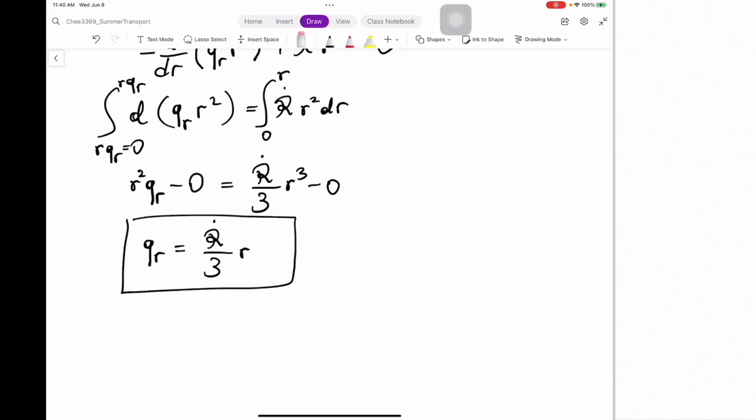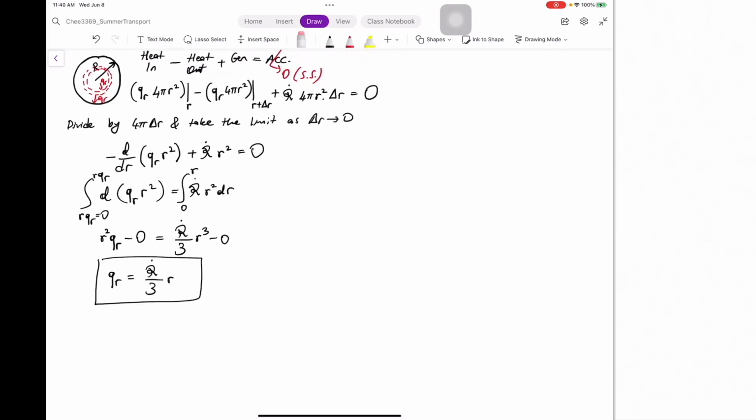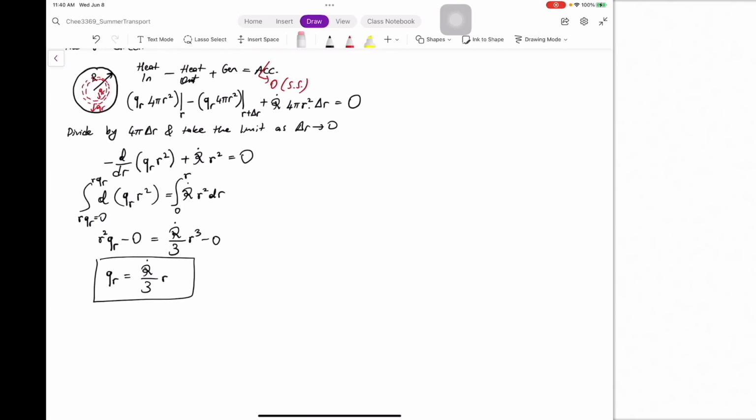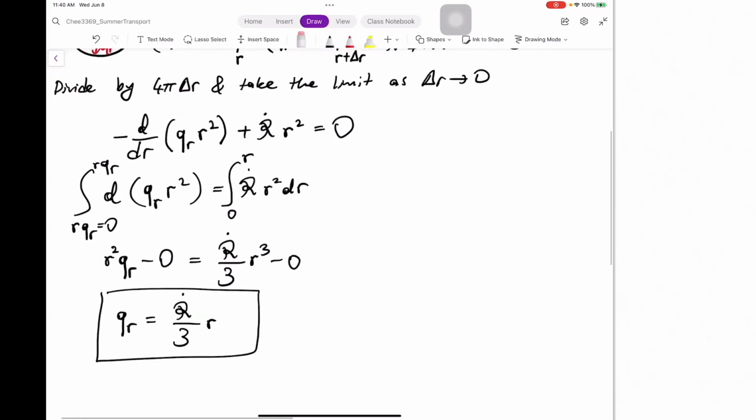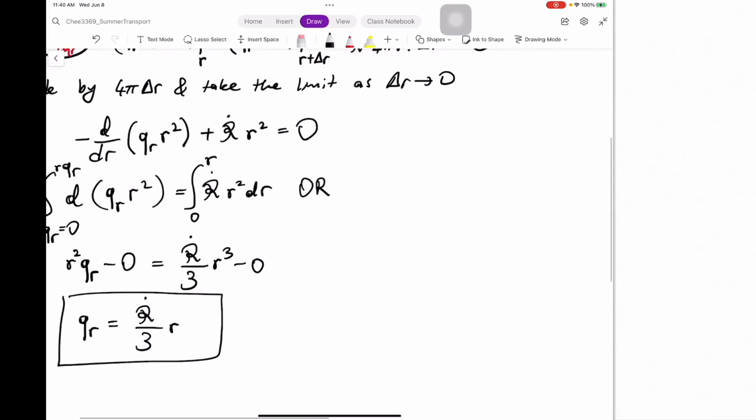Any other questions or corrections? Okay. Why is there no plus C? Oh, because this is a definite integral. That's a great question. You can also follow the other route where you have this without actually putting limits here.